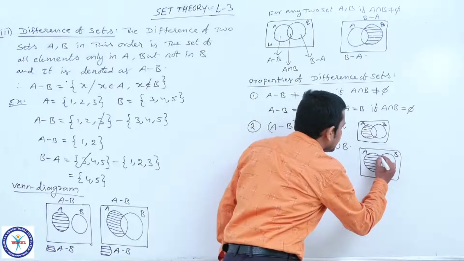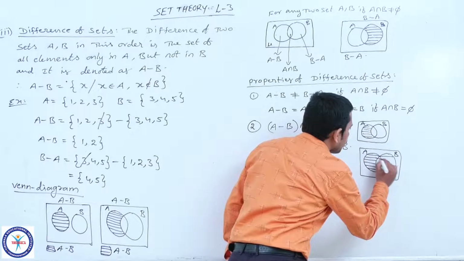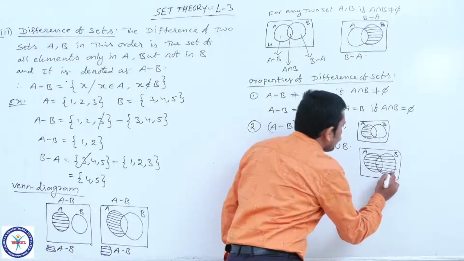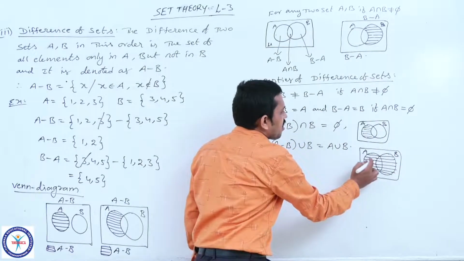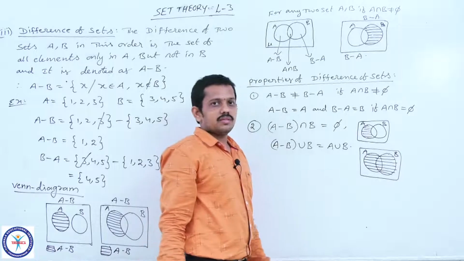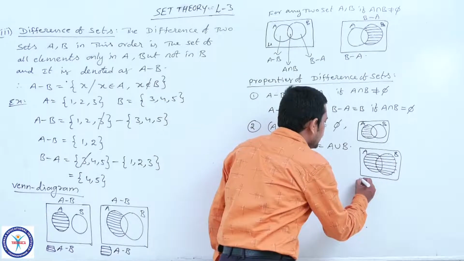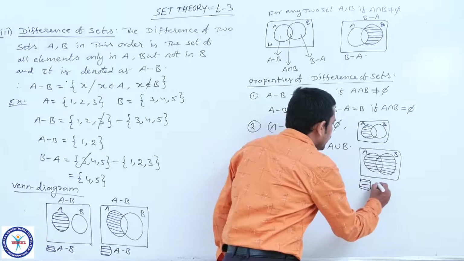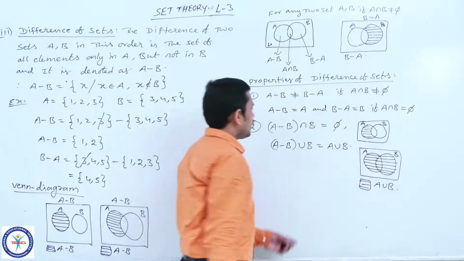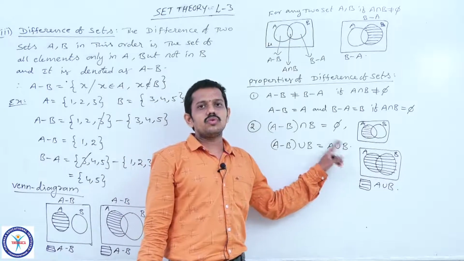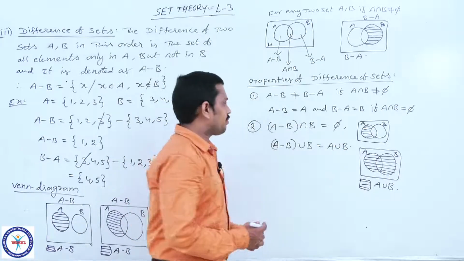By adding this region to the previous region, we have the complete region of A or B, which means A union B. Therefore A minus B union B is equal to A union B.